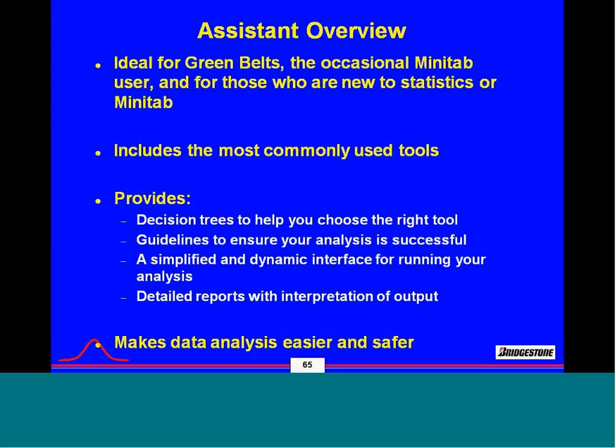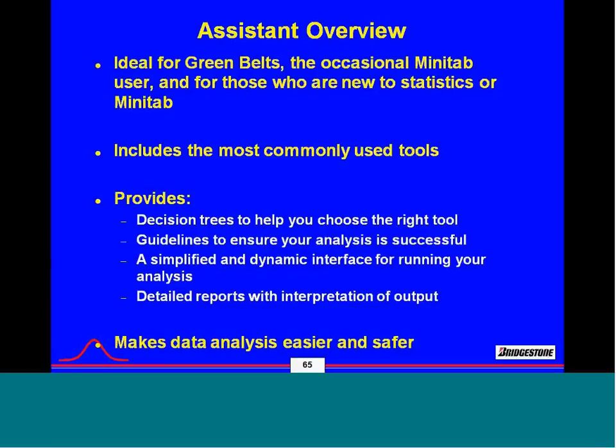So when we look at it, it's ideal for green belts, or really anybody that's new to statistics. It has the most commonly used tools, as in 16, and like I mentioned, in 17 they rolled it over to DOE. The decision trees help you to choose the right tools. The other is detailed report results, which goes a long way in helping you explain to, say, a manager or whoever you want to present your results to, exactly what the results mean.